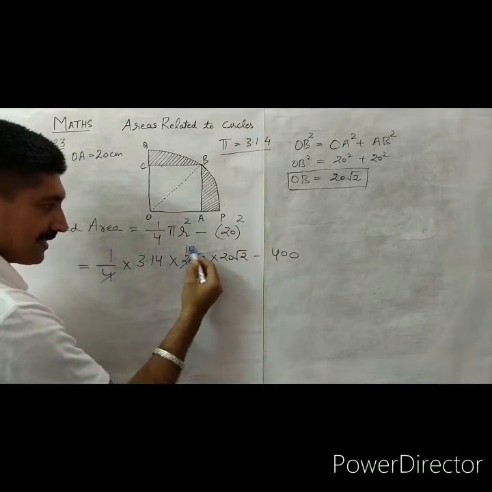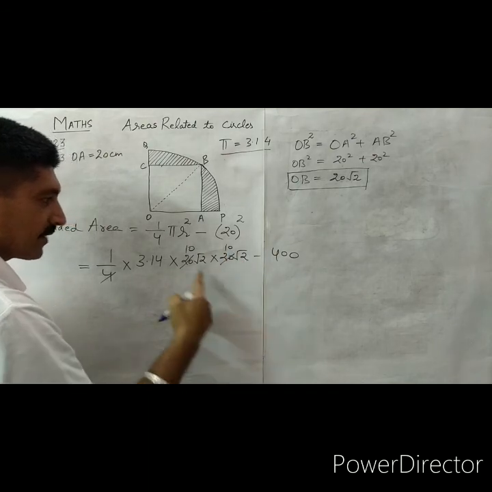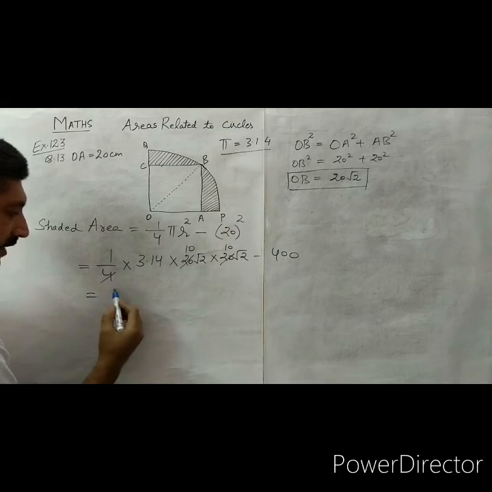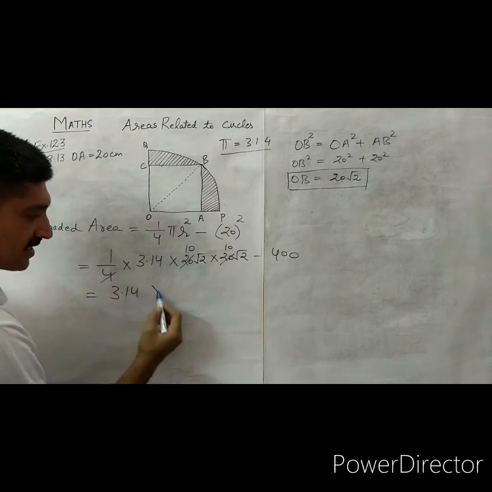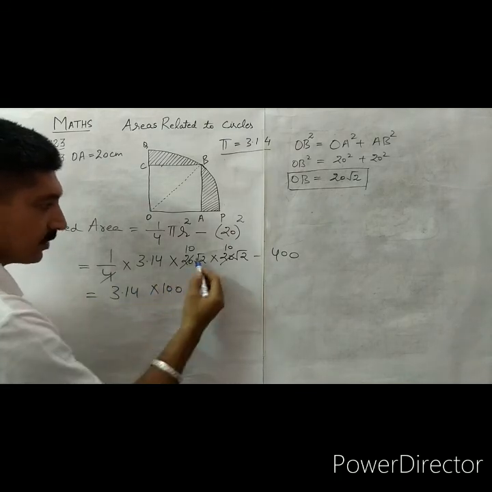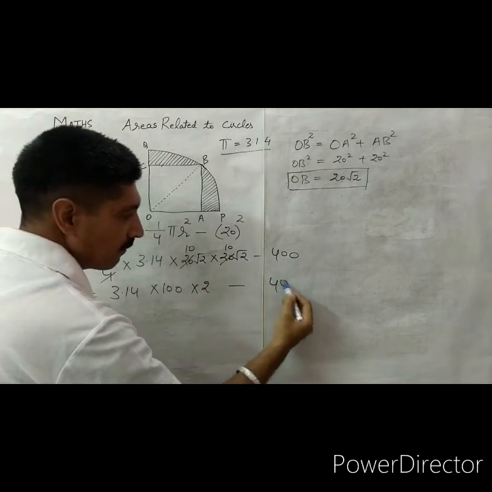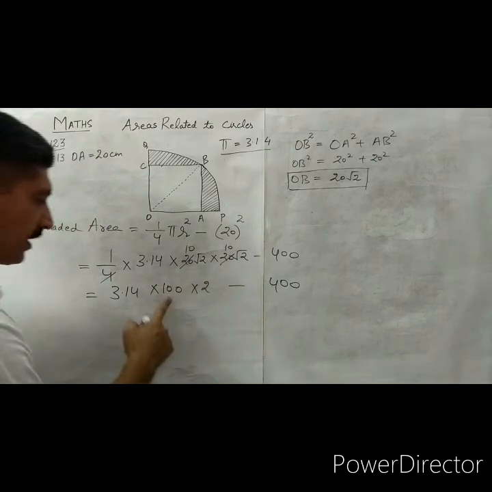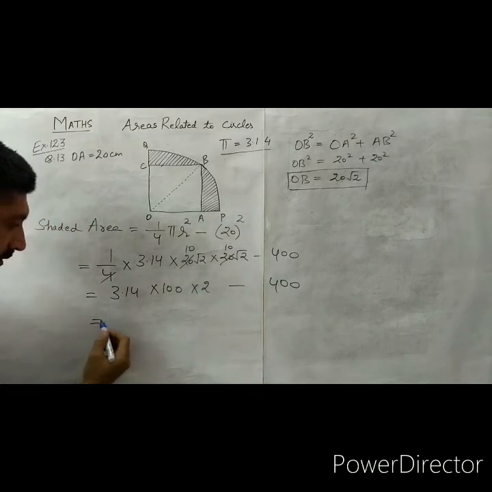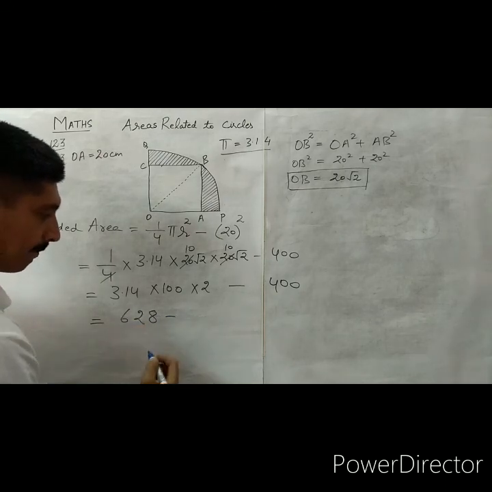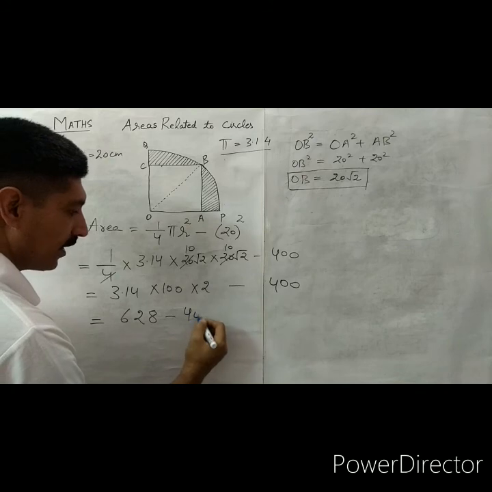So here it is 10 and 10. So we have 100 into 2, 200, or we can write this is into 100, under root 2 into under root 2 is 2, and here this is minus 400. So here this is 314 into 2, 628, minus 400.